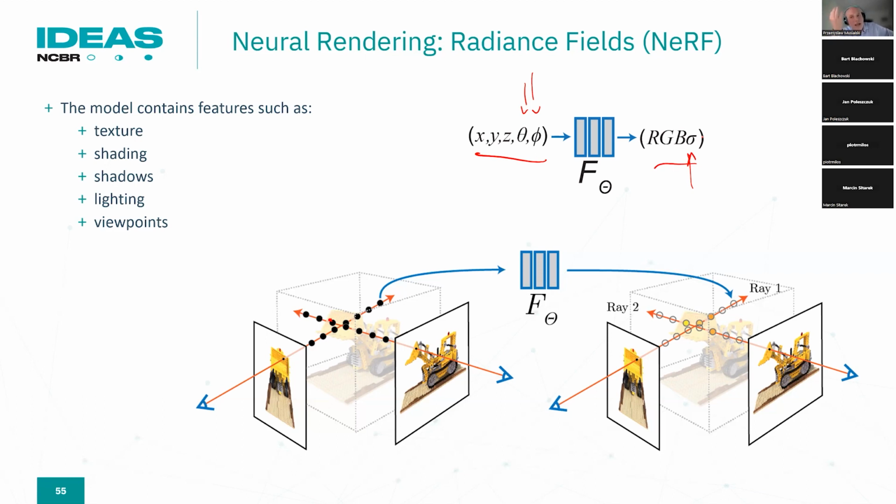So it knows at every location in space what's the RGB color and what's the density at that particular location. So now, having that network, we can place virtual cameras everywhere in space and render, inversely render, synthesize a new view from a camera which has not been given during the training process.